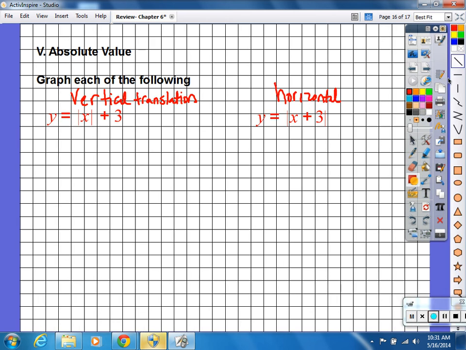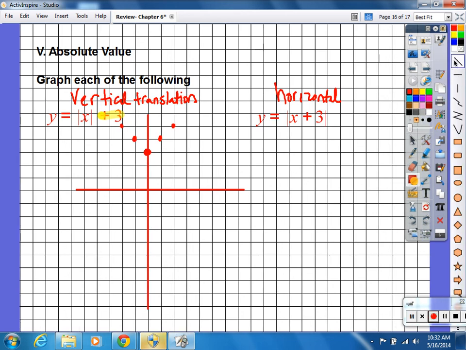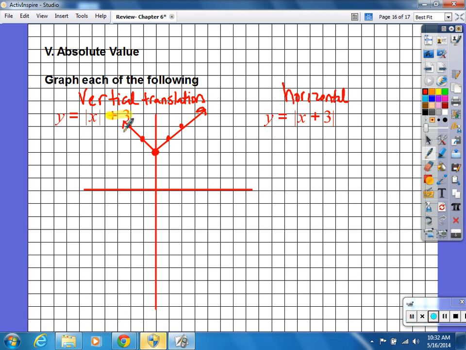When I'm looking at y equals the absolute value of x plus 3, that plus 3 really gives me the y-intercept. So I'm going to start by plotting a point at (0, 3), and up 1 over 1 to the right, and up 1 over 1 to the left, and I'm ready to connect those points, and there's the graph for y equals the absolute value of x plus 3.